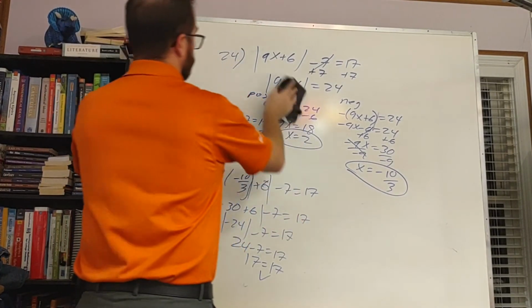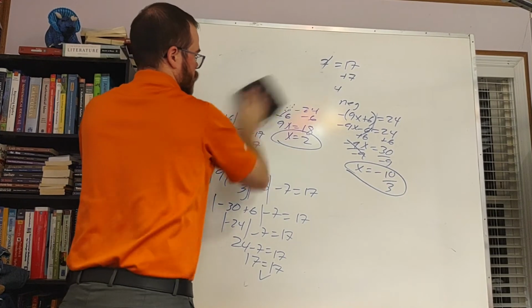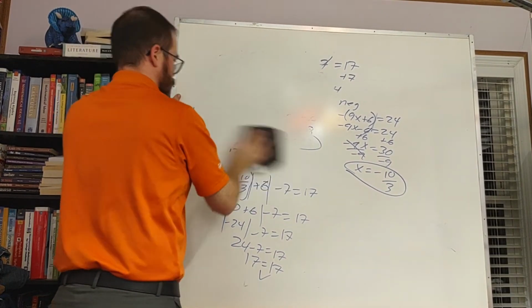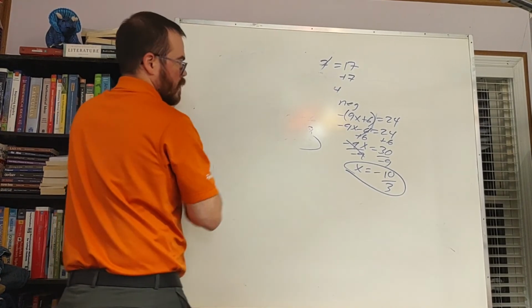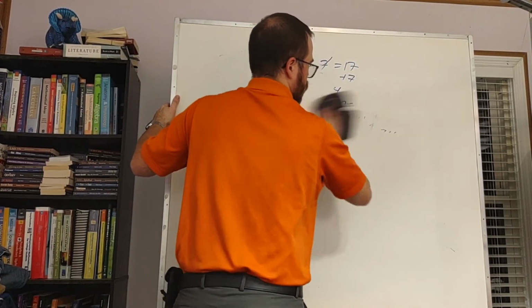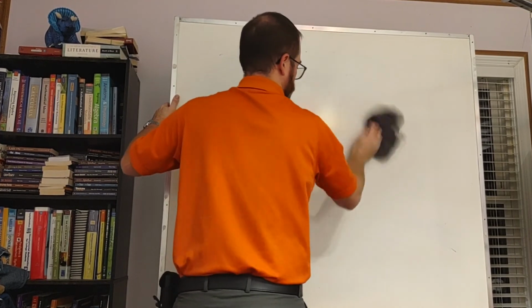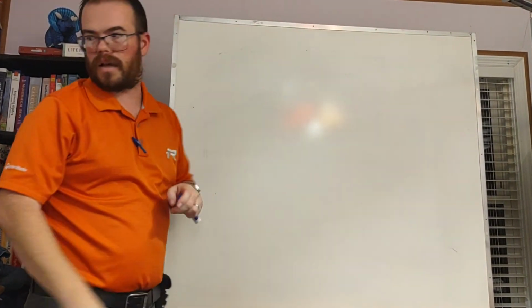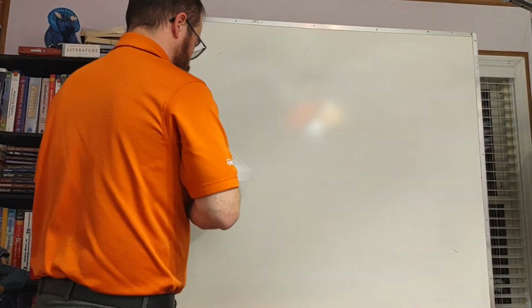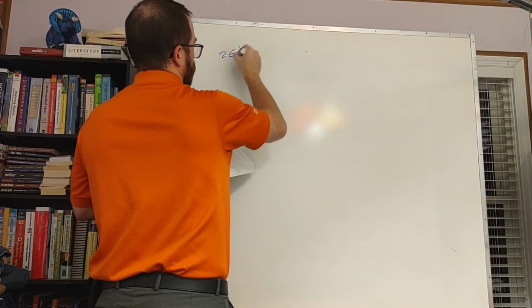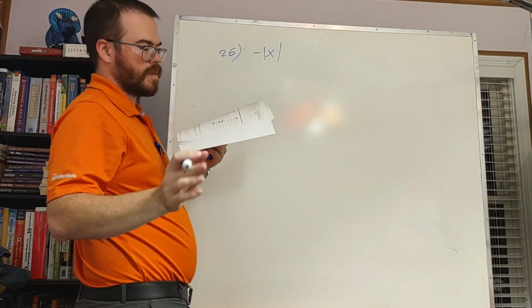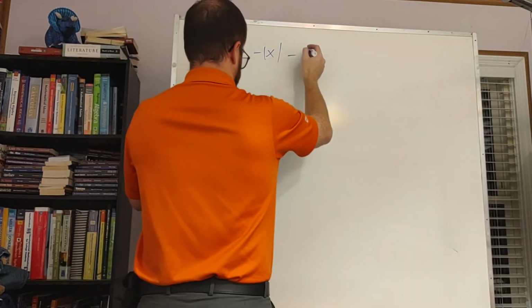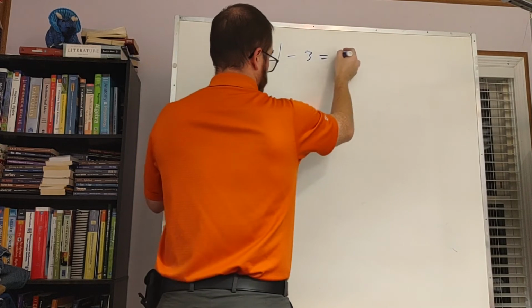So 26, we've got negative absolute value of x, minus 3 equals 1.